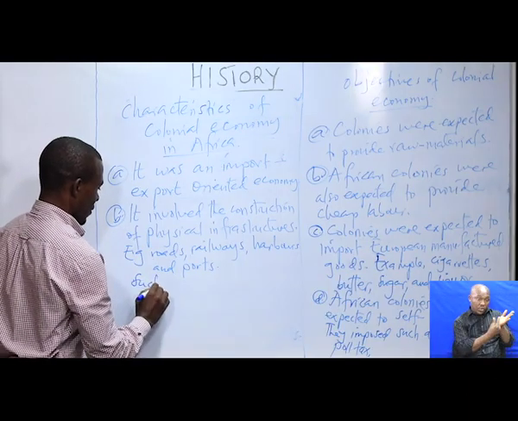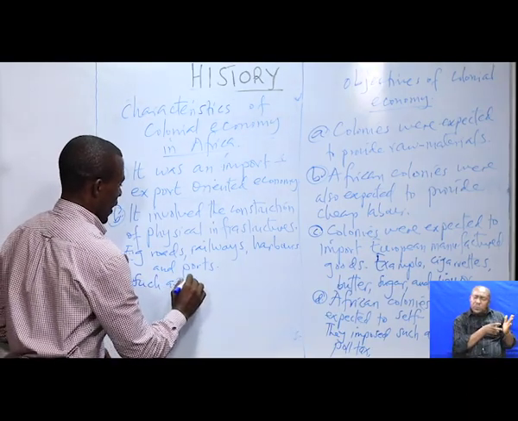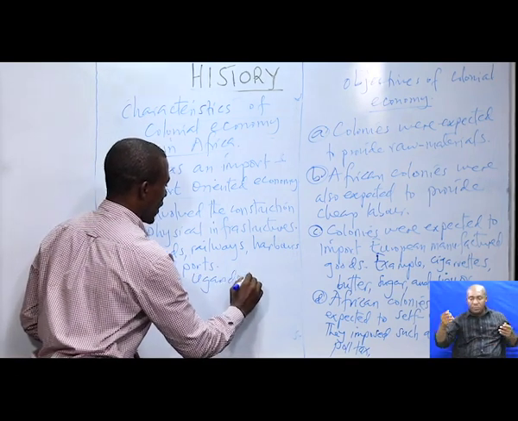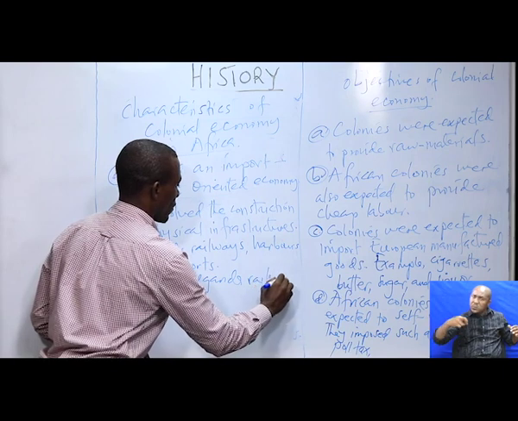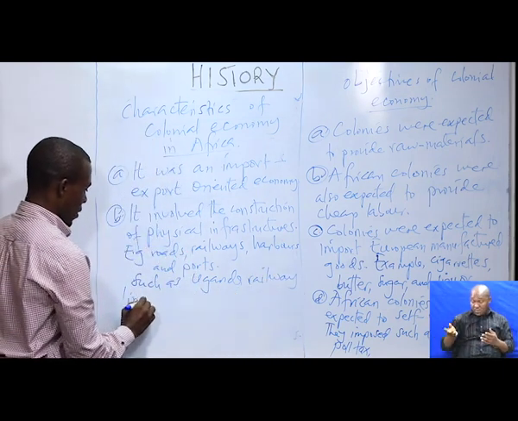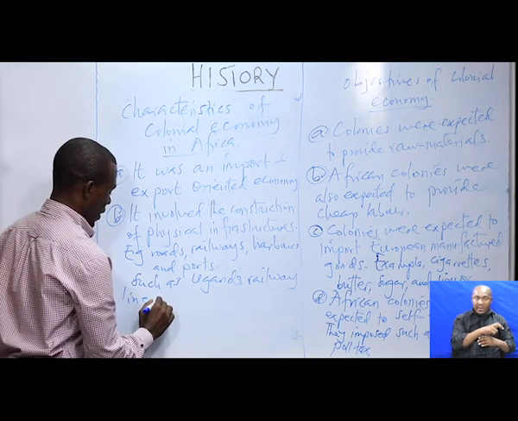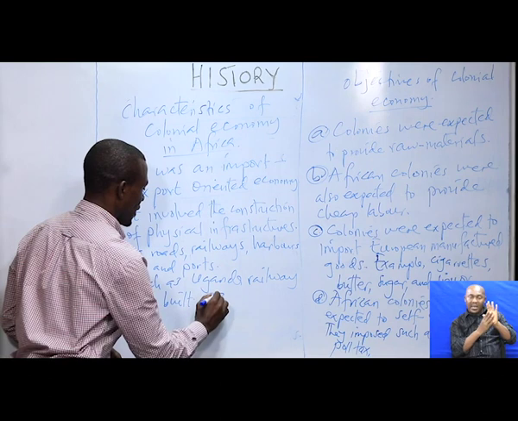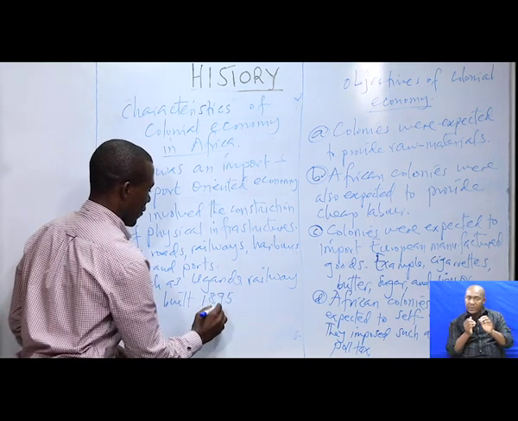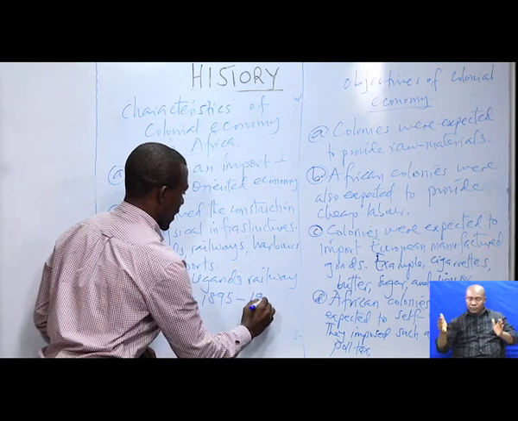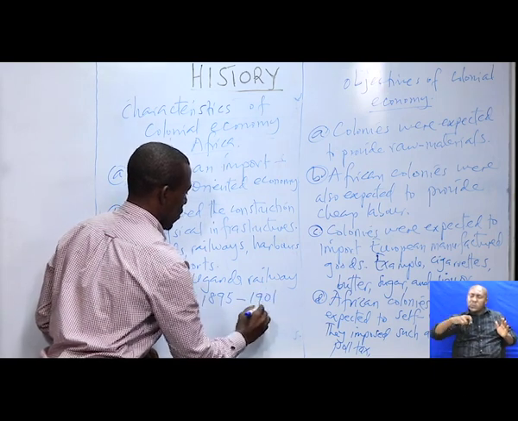The Uganda Railway line was built in the year 1895 and completed in the year 1901.